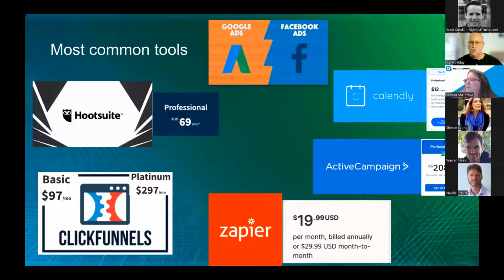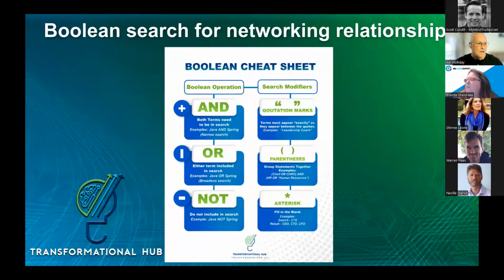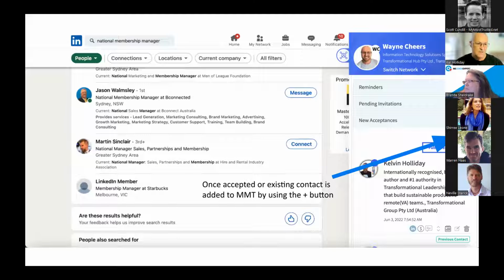So you've got tools within this system that are going to take you to a whole new level. One of the things Scott mentioned when you're searching for different people is that it works on the same Boolean search systems. So you're doing all the Boolean searches within LinkedIn, and then this happens. You've sent your first message out, and there is that plus button. Scott mentioned that plus button, but there's also another feature.